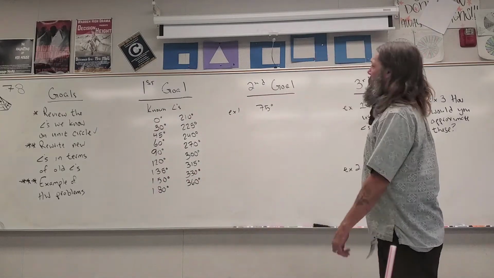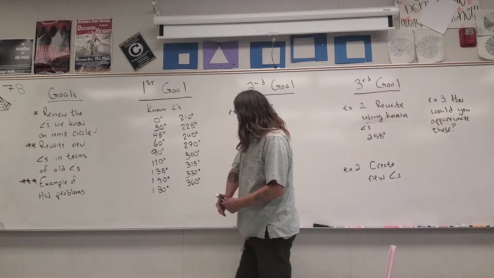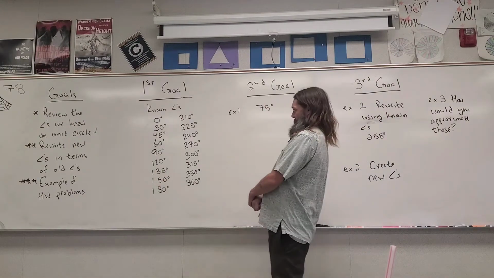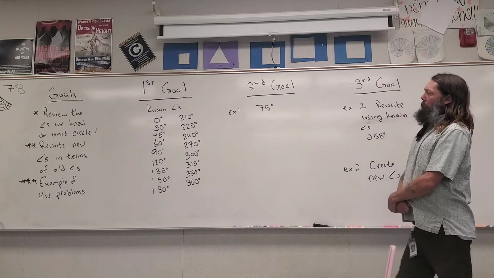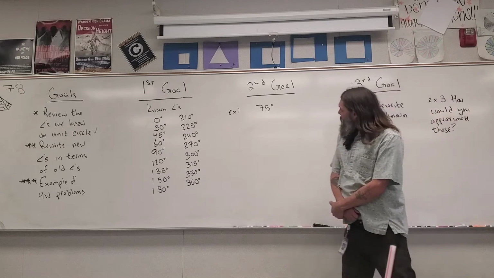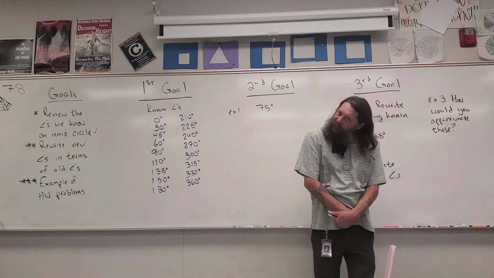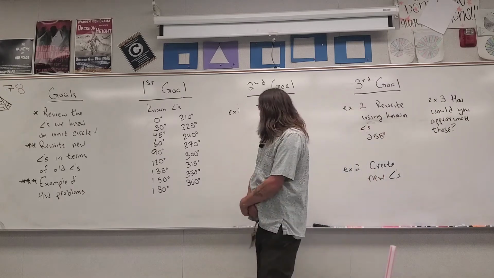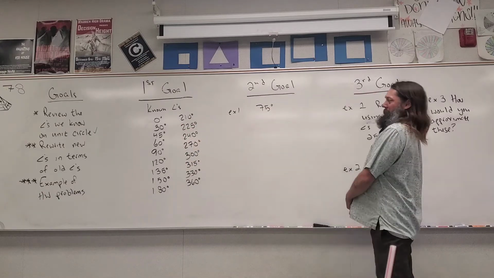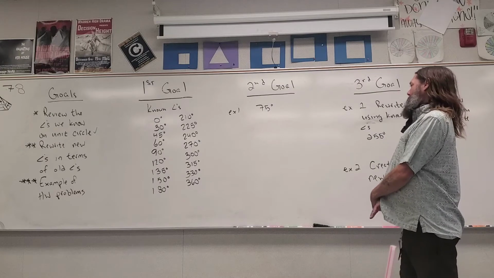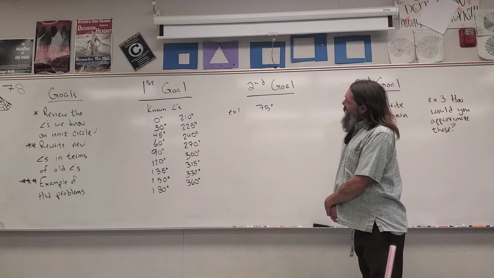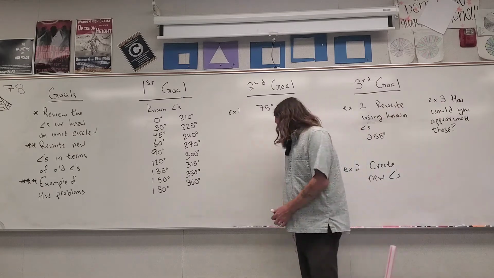All right, our second goal is to rewrite new angles in terms of old angles. The first angle I'd like to write is 75 degrees. How can I get 75 degrees out of angles that I know? There's actually a couple of ways to do this.